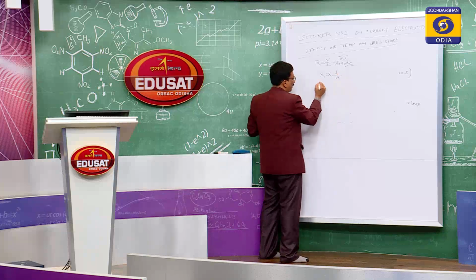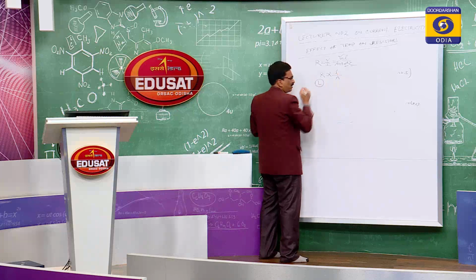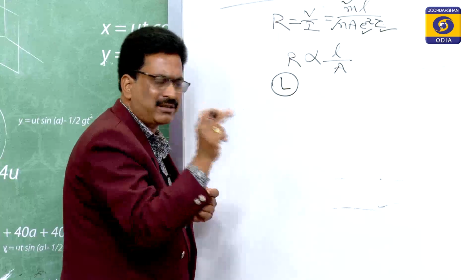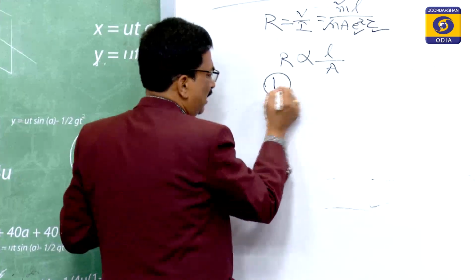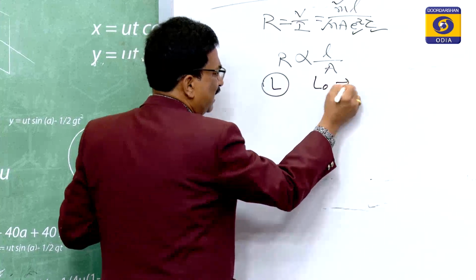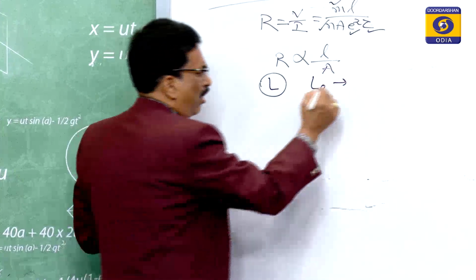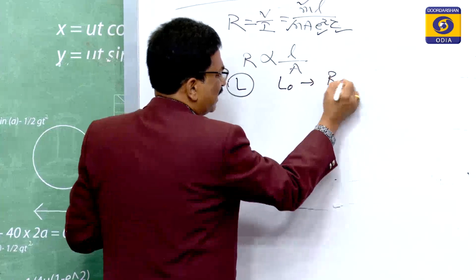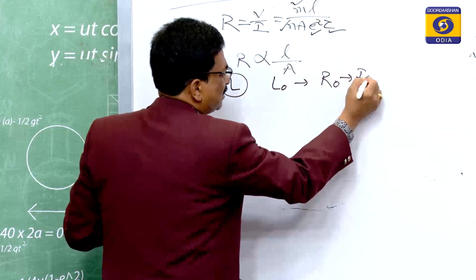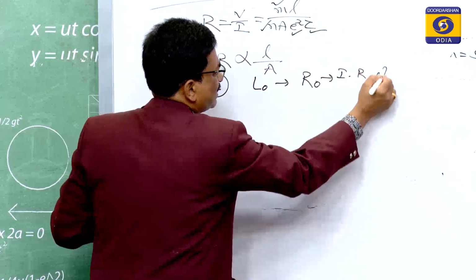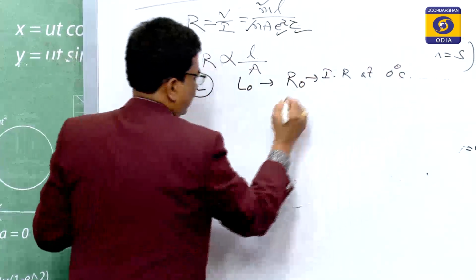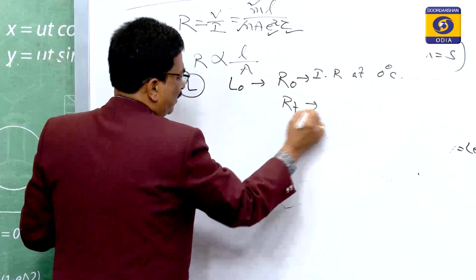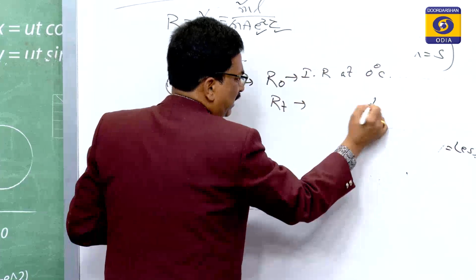So if the conductor has length L and we are supplying temperature, suppose L0 is the initial length, and correspondingly R0 is the initial resistance at 0 degree Celsius, and we supply temperature up to T degree Celsius.